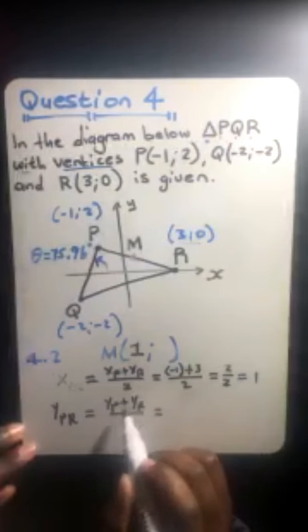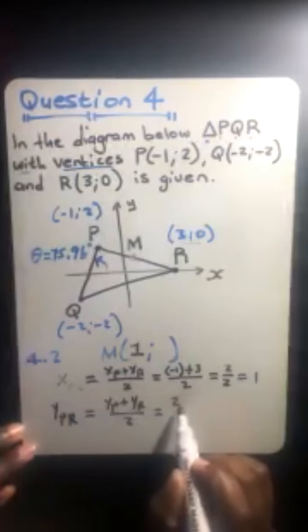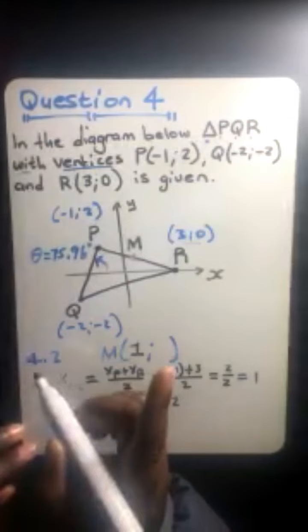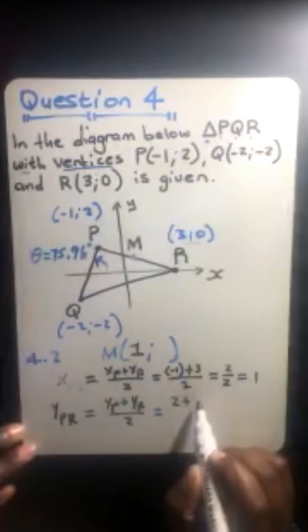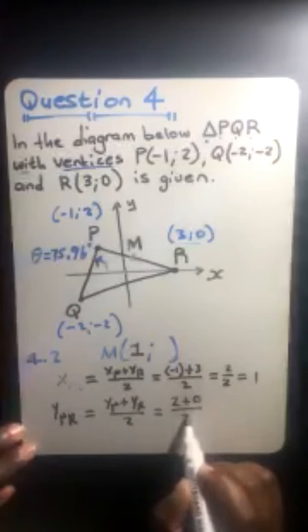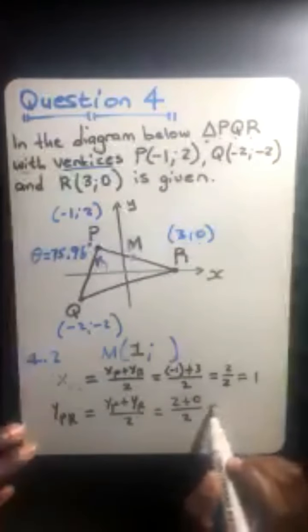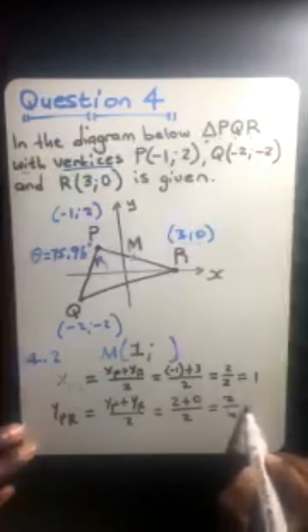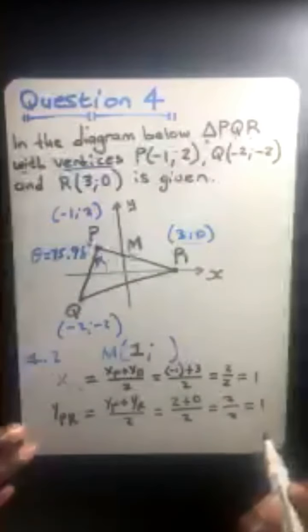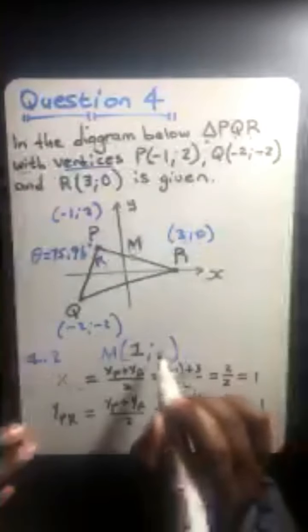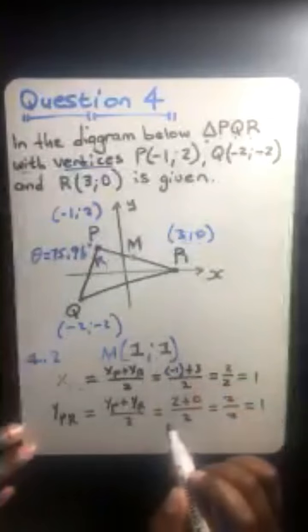What is Y of P? It is 2 over there. What is Y of R? It is 0. And then this is being divided by 2. Therefore, we've got 2 over 2, which is equal to 1. So we've got 1 over there as well.